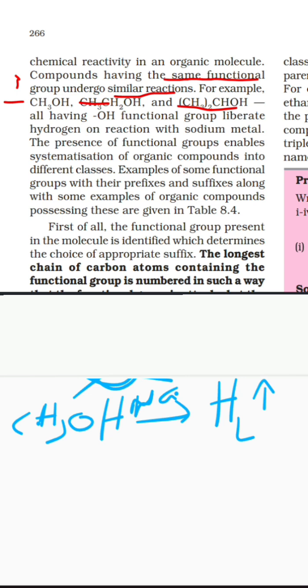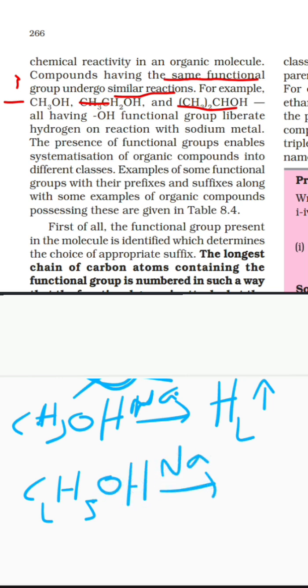So instead of methanol, if we use ethanol, C2H5OH, and react with sodium, it also liberates hydrogen, because of the same functional group. This is also OH, this is also OH functional group.